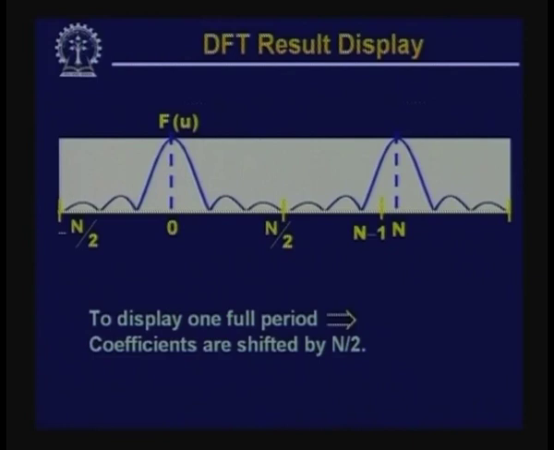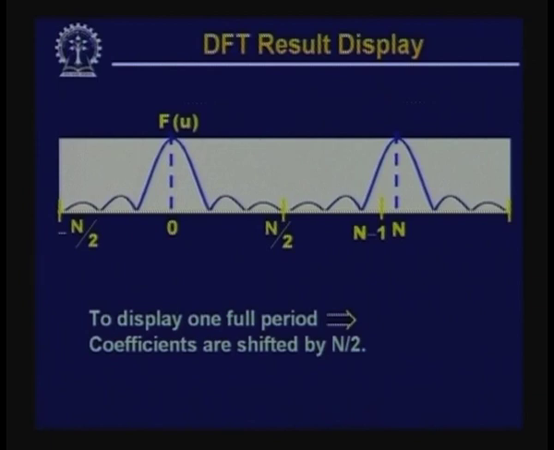This is a typical Fourier transform of a particular signal, and here you find that the Fourier spectrum is centered at the origin. If you look at the frequency axis, this is the u axis, you will find that the magnitude of F(-u) is the same as the magnitude of F(+u).